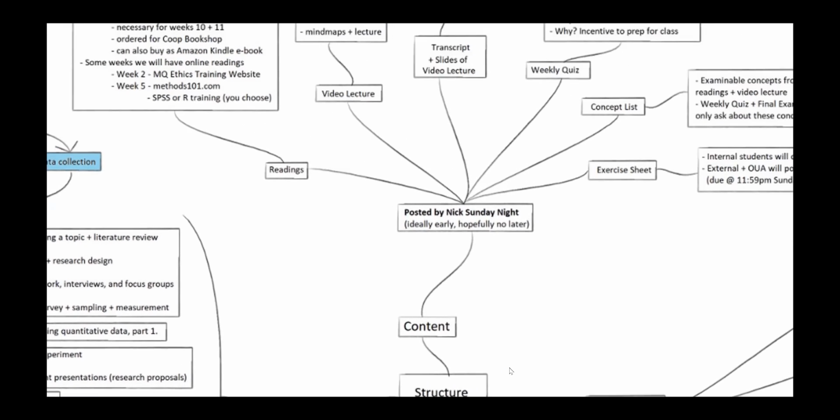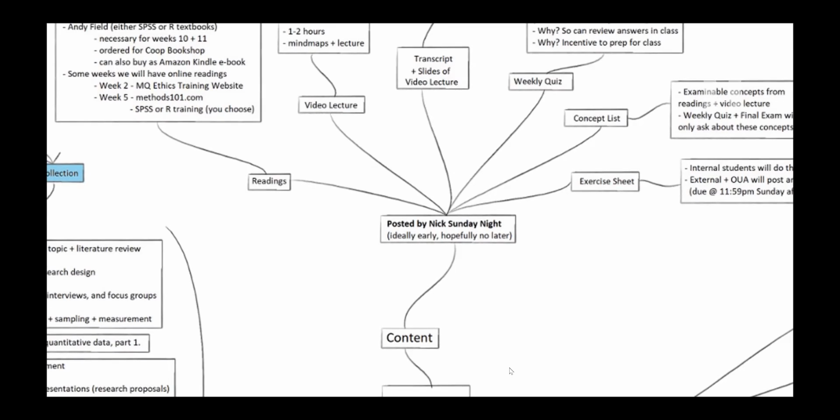So the content for the course, there is content like we're going through right now. What form is that going to take? Well, there are, I guess, six forms. There are the readings, which are already in the unit guide, though I might change them a little bit. I apologize in advance, but it's just life. There's going to be video lectures like the one that you're listening to now.